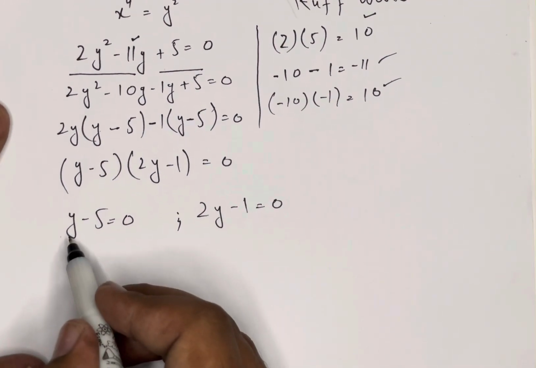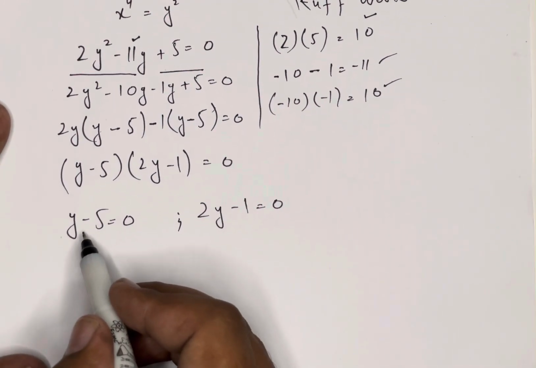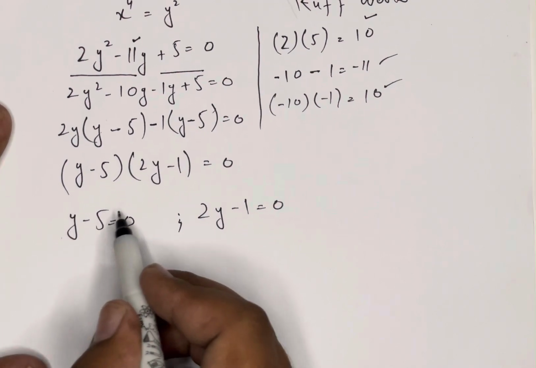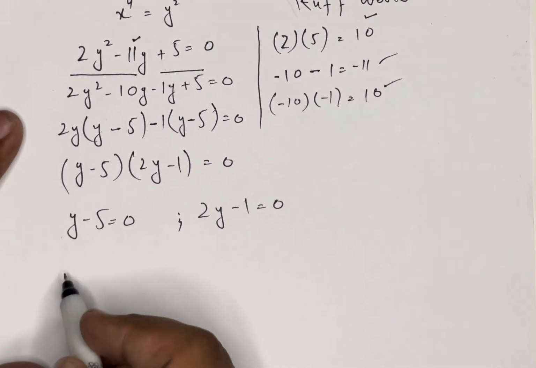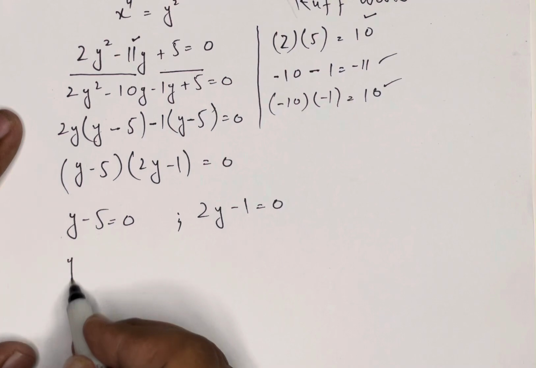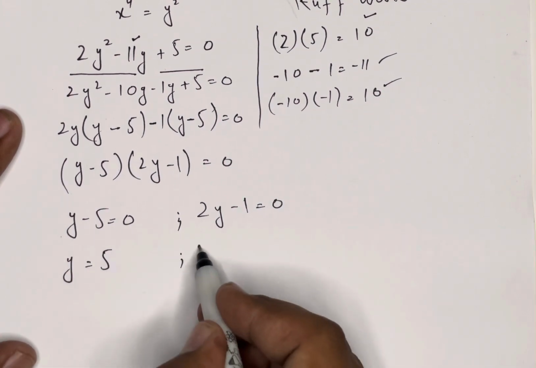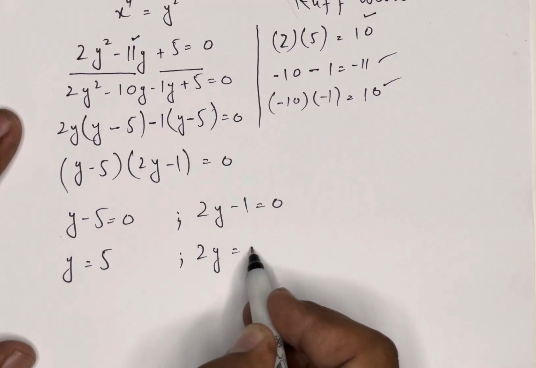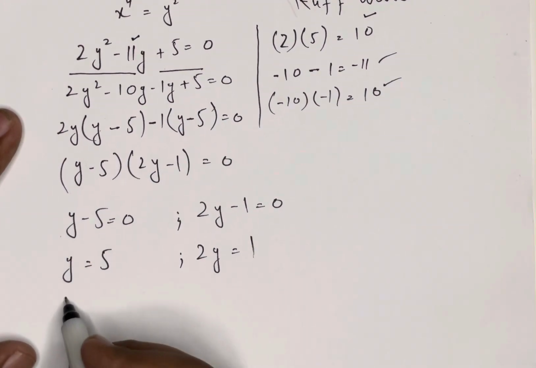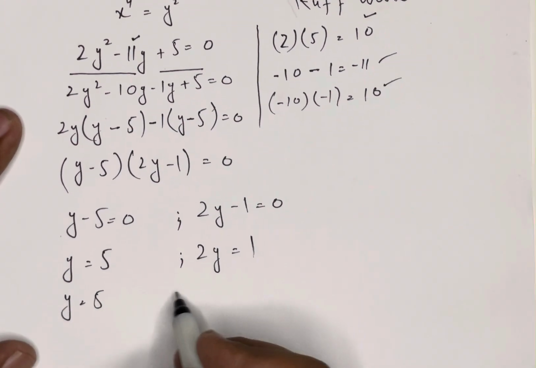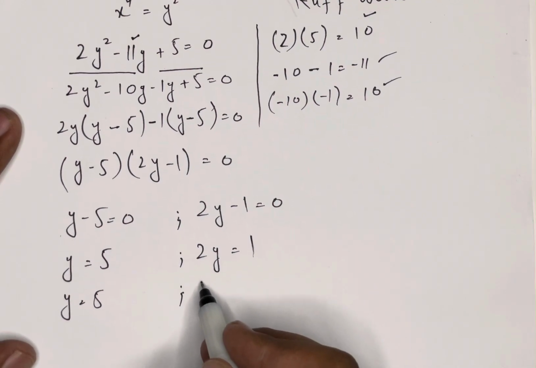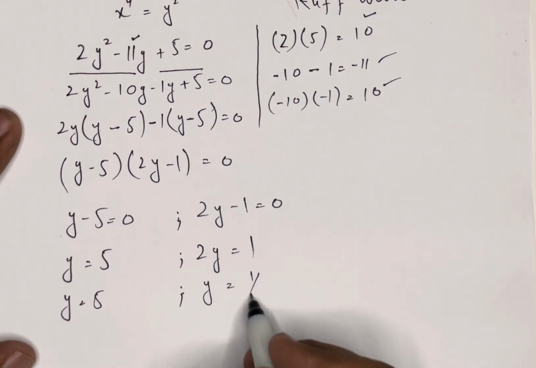So here the 5 is minus 5, and when I shift it to the other side of equal, the y value will be plus 5, and in this side the y will become 1 over 2.